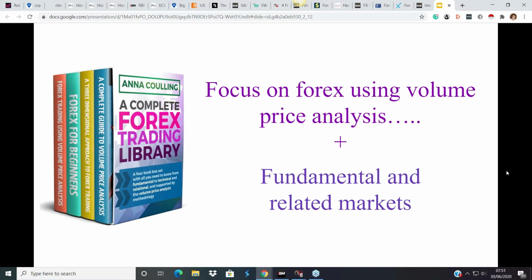But we also look at this market. Obviously, we take account of the fundamental news, but we also take it one step further, and that is we also look at related markets for sentiment, because as many of you will know, market sentiment is reflected not just in risky assets going up and down, such as equities and indices, but also in movements of a certain currency.